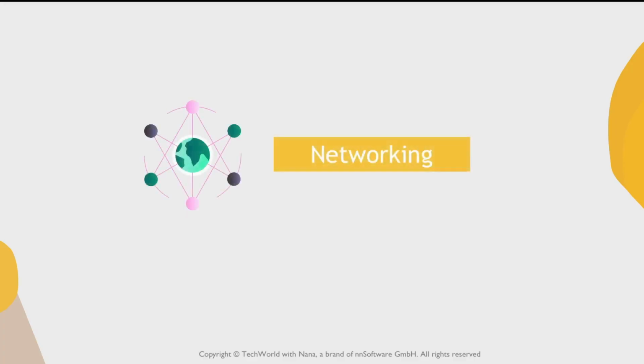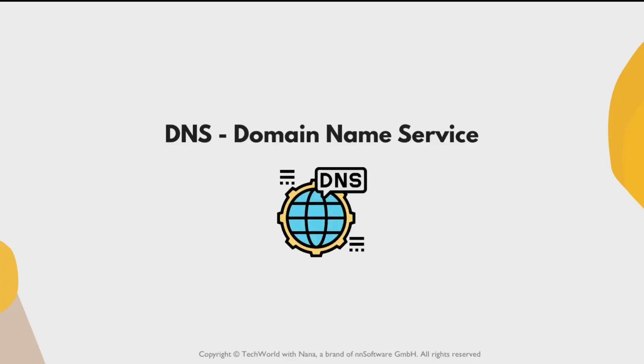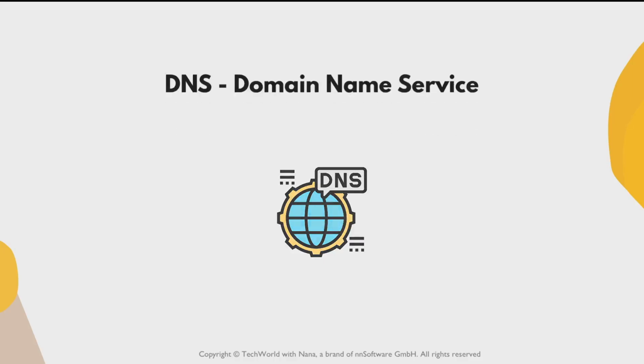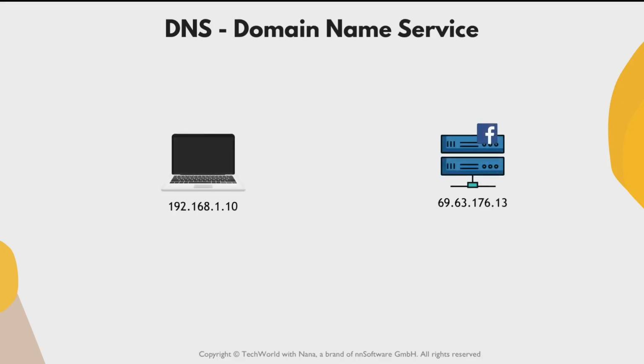Now, when talking about networking, there is one more concept that is essential to understand and probably something you've heard very often, and that is DNS, or Domain Name Service. DNS is basically the thing that the whole networking relies on. So let's see exactly what a DNS is. We know that every computer on the network is uniquely identified by its IP address.